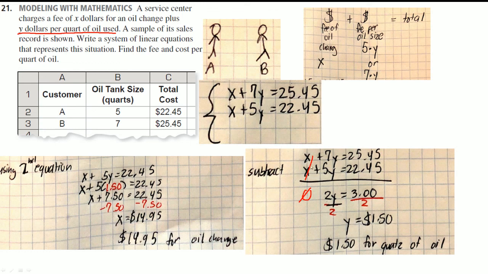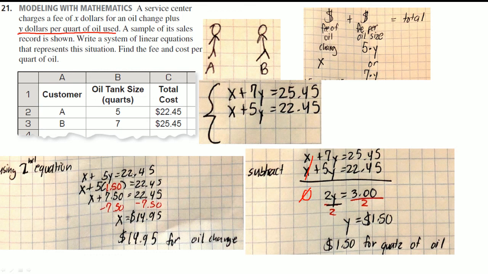In the row, 7y minus 5y becomes 2y. I'm subtracting. $25.45 subtract $22.45 becomes $3. Divide everything by 2, you get y is equal to $1.50. So for every single quart of oil, it is $1.50. Plugging it back in here. So for customer A, I end up looking at customer A's total. The x was the charge fee plus 5 times $1.50, because that is the amount of oil quarts that person buys.